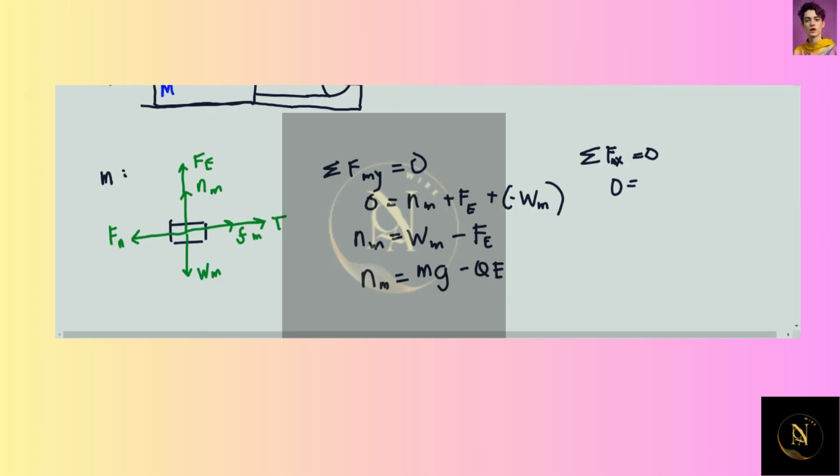As such, the forces on this plane are the applied horizontal force, the tension force, which is negative of the applied force, and the friction, which is also negative since it is opposite.